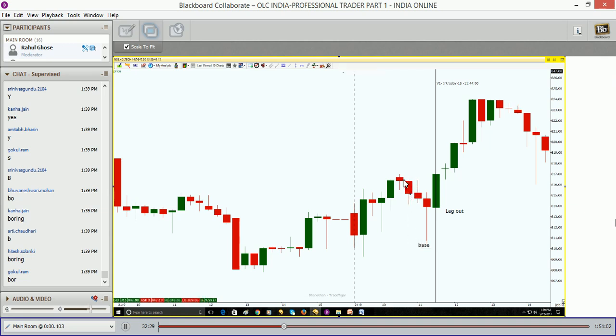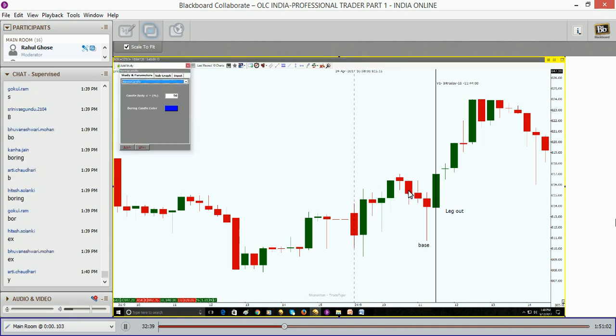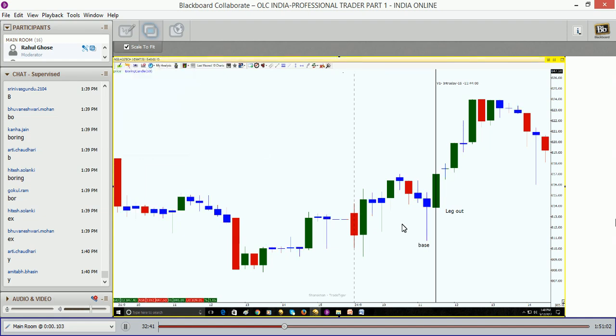This red candle over here, would you all agree it can be a little dicey, boring or exciting? But because my blue candle, boring candle tool was on, you know it is an exciting candle, which means I mark this as my leg in.